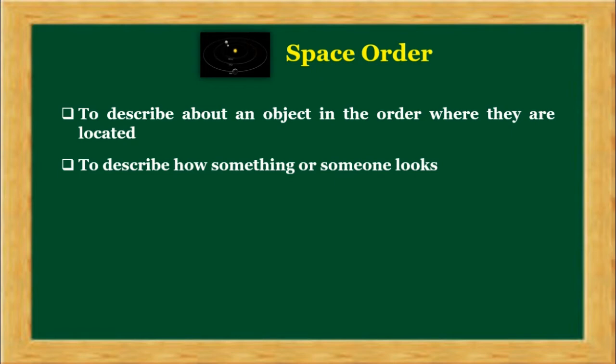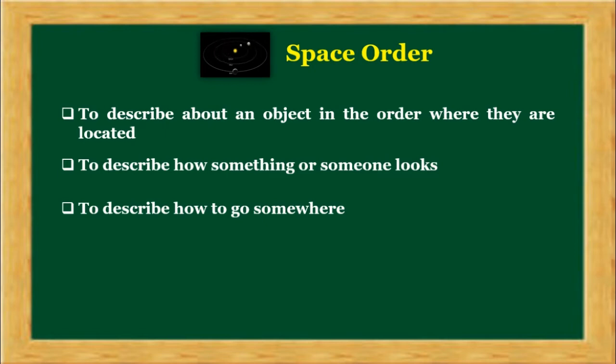And third, the space order is used to describe how to go somewhere. When writing in a space order, you create a picture for your reader, and their perspective is the viewpoint from which you describe what is around you.